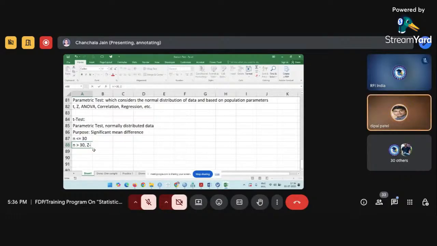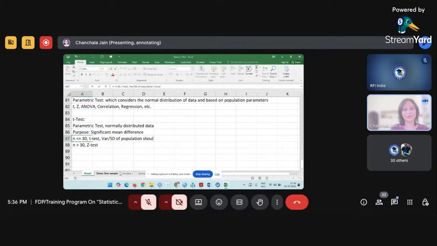Yes, ma'am. Yes. So this is one condition, but it is not the only condition. One more condition is there. The next condition is that the variance or standard deviation of the population should be unknown.